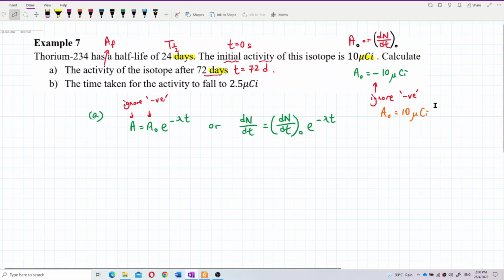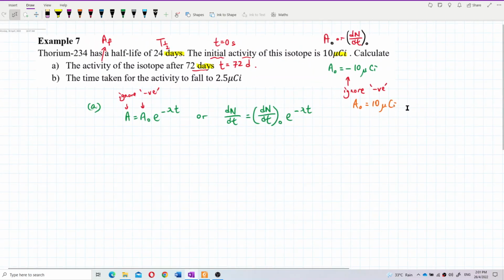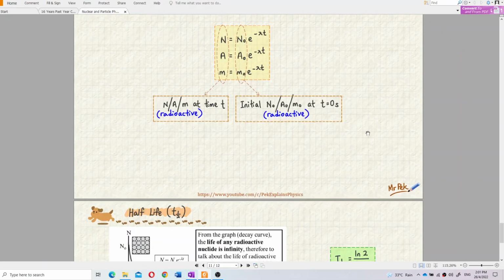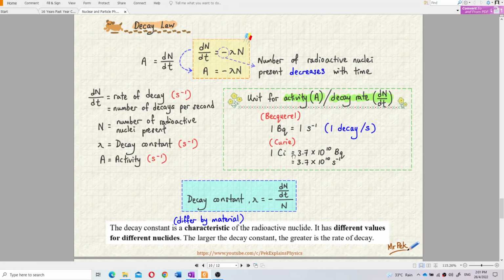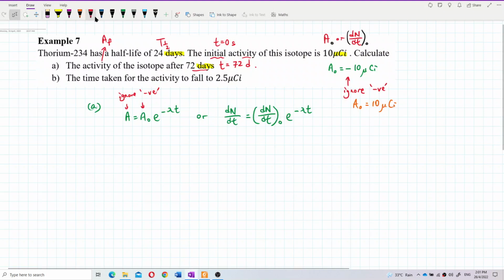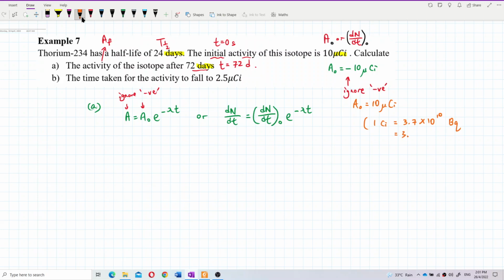Another thing is this curie is not SI unit. Basically, 1 curie is actually 3.7 exponent 10 becquerel, or 3.7 exponent 10 nuclei decay per second.